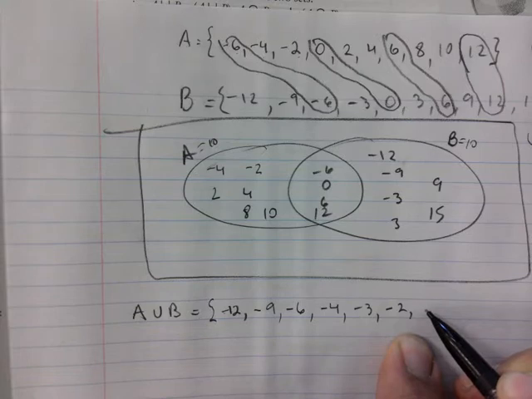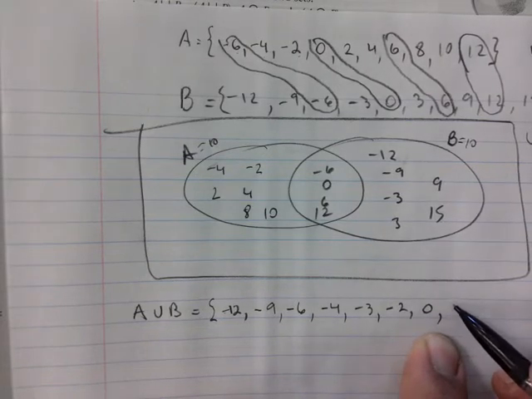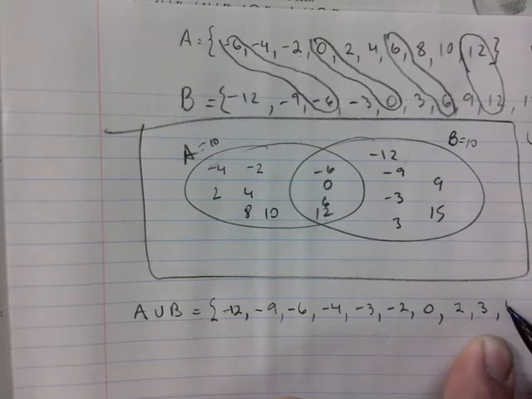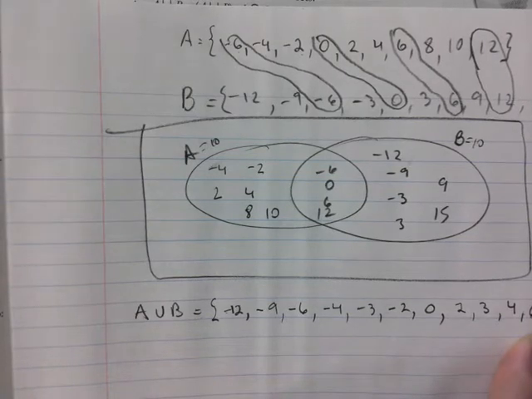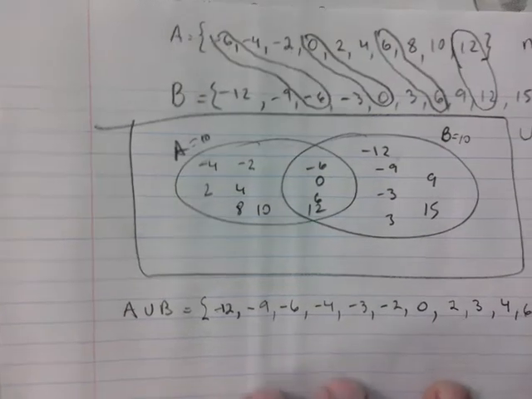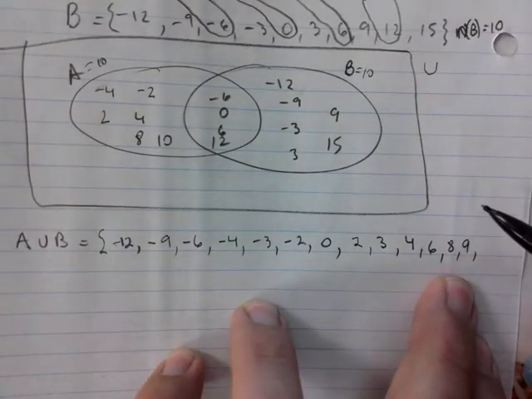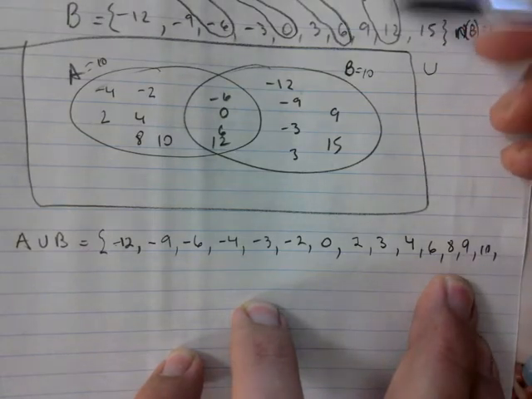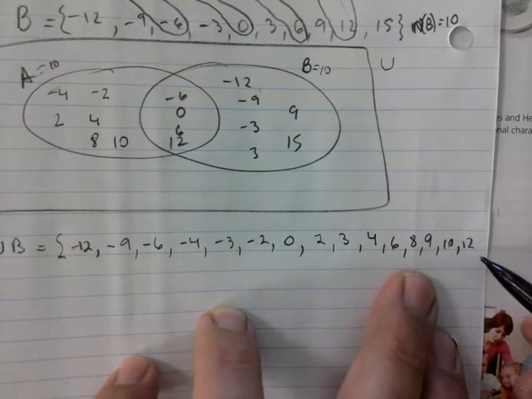And 0, and then 2, 3, 4, 6, 8, 9, then 10, 12, and 15. Okay, you can't forget about them.